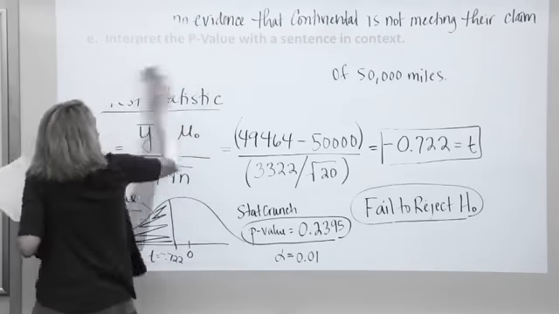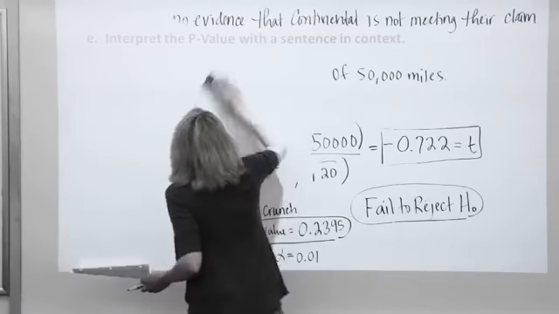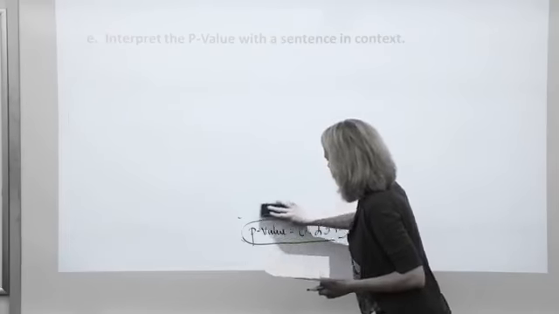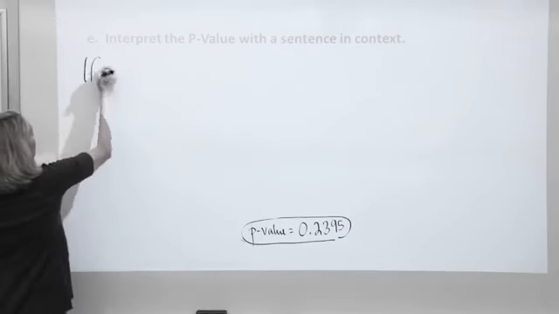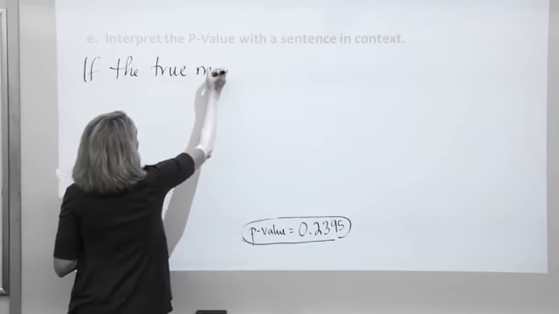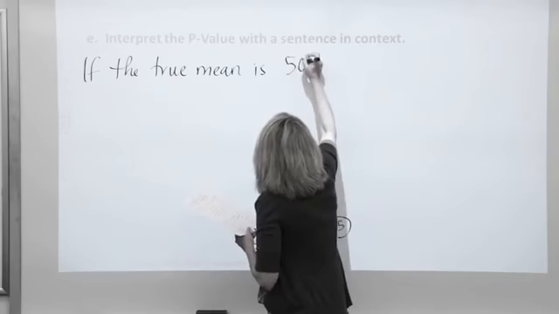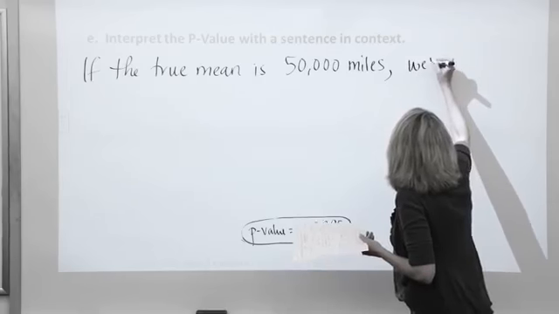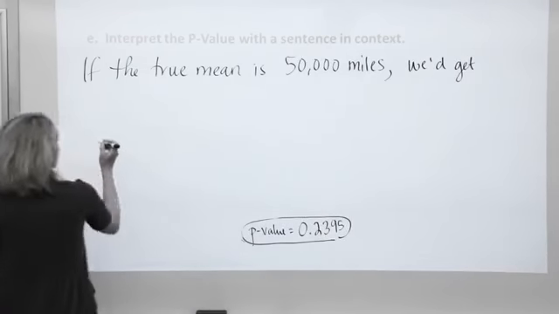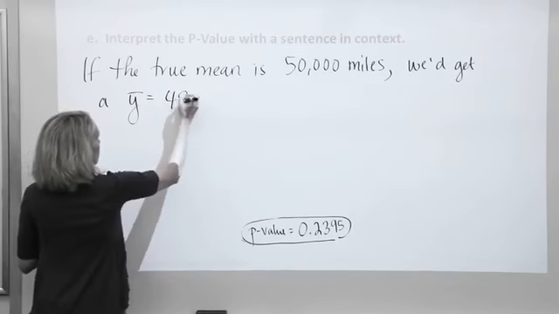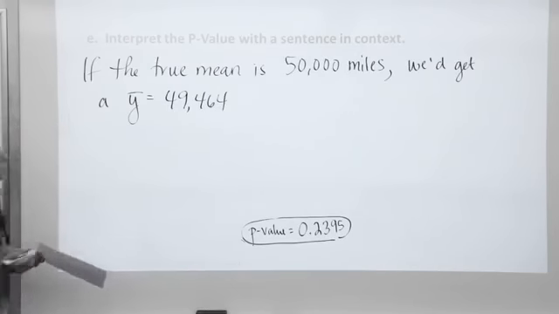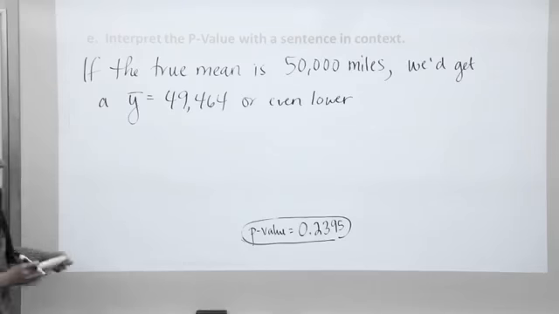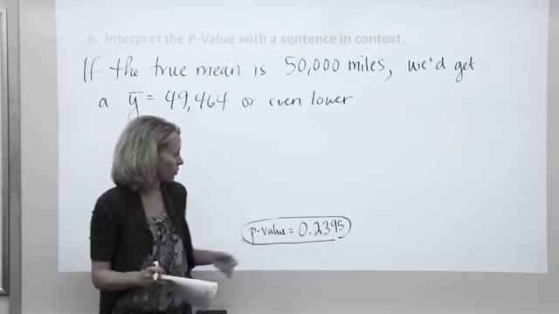So let's clean this up and we'll write that up. So if the true mean really is 50,000 miles, we get a sample mean like ours, which was 49,469, or even lower, with a probability of 0.2395, or almost 24% of the time here.